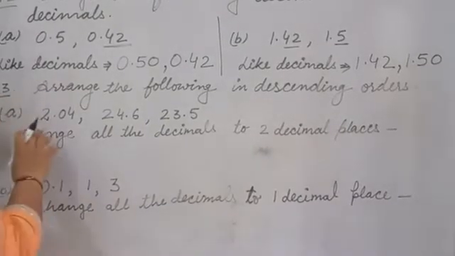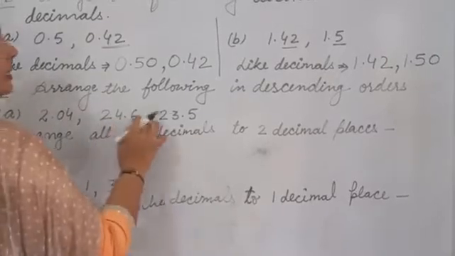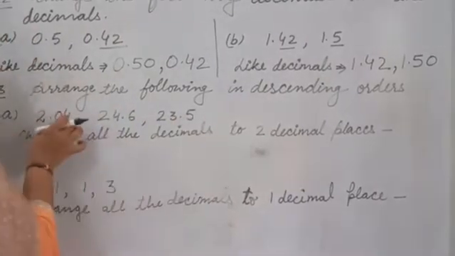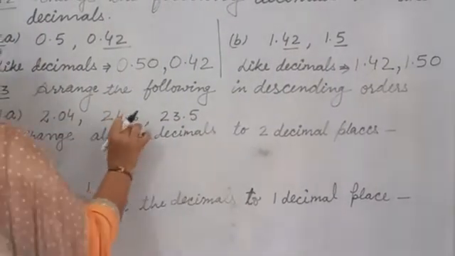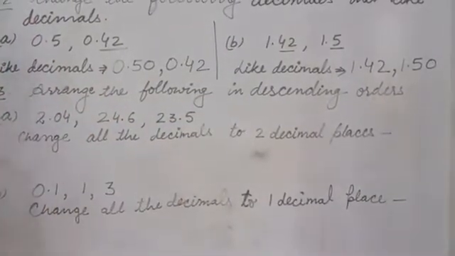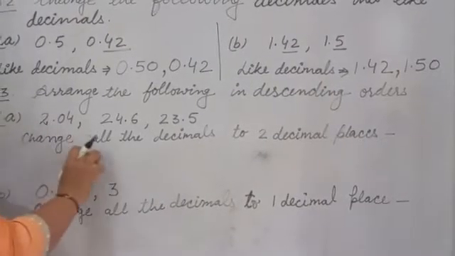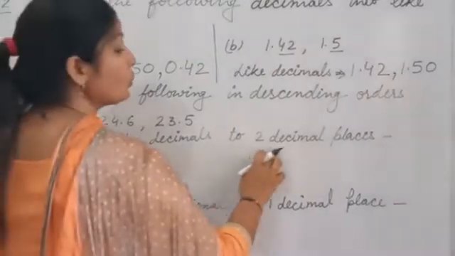So here A part: 2.04, 24.6, 23.5. Now there are 2 decimal places in the first, and only 1 in the others. So first of all we will make the same decimal places. Okay. So change all the decimals to 2 decimal places.